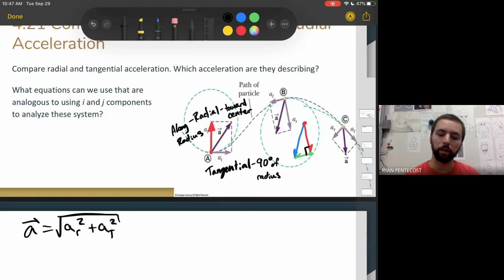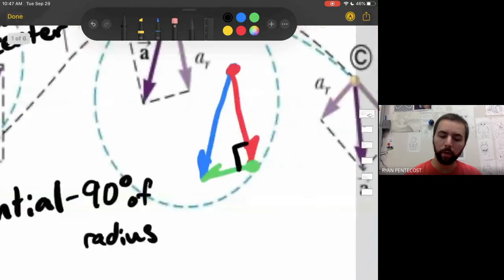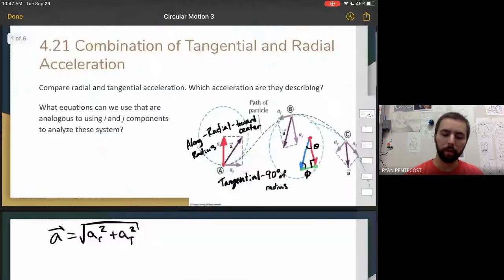You could also look at the trig of the scenario, right? Depending on the angle that you're using, if we zoom in over here, we can use this angle theta. We could use this angle phi. Phi is just another Greek letter to describe an angle.